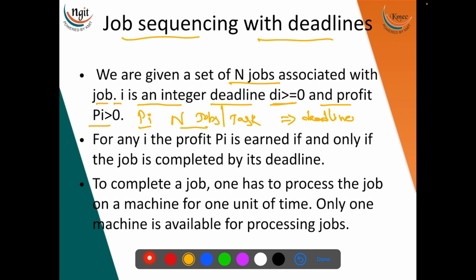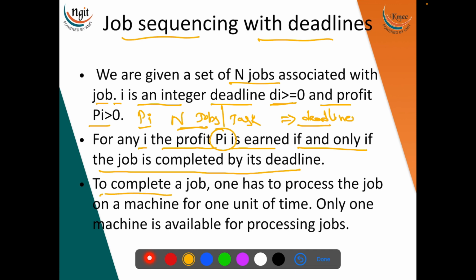Now what is our target? What is the feasible solution to finish jobs within their deadlines? So we need to find the feasible solutions for these tasks. And for any i, the profit pi is earned if and only if the job is completed by its deadline. So if you complete the job by the specific deadline, then only this profit will be earned.